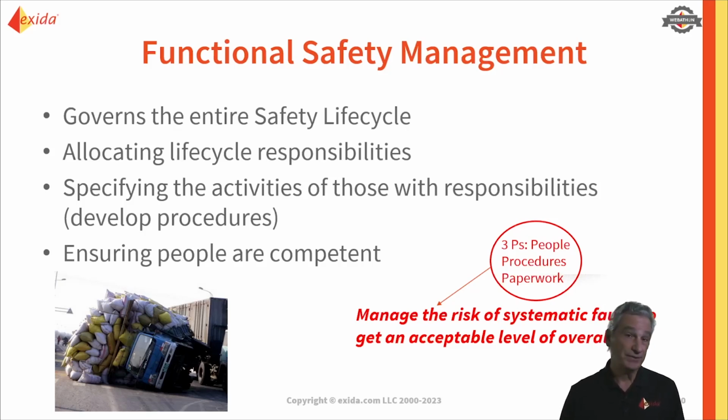The second one, procedures. Do we have written procedures that are being followed? This is where a breakdown in administrative controls and not tracking to make sure that procedures are being followed can lead us to have potential incidents which could be very expensive. And the third P is the paperwork.